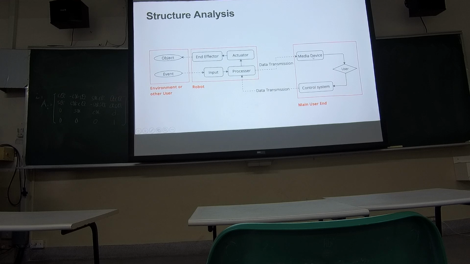After the main user commands the control system, the data is transmitted back to the robot, which starts the actuators and end effectors, and then interacts with the environment, the objects, or other users.